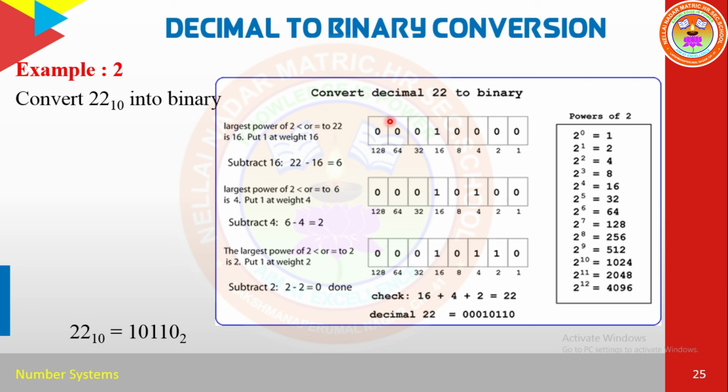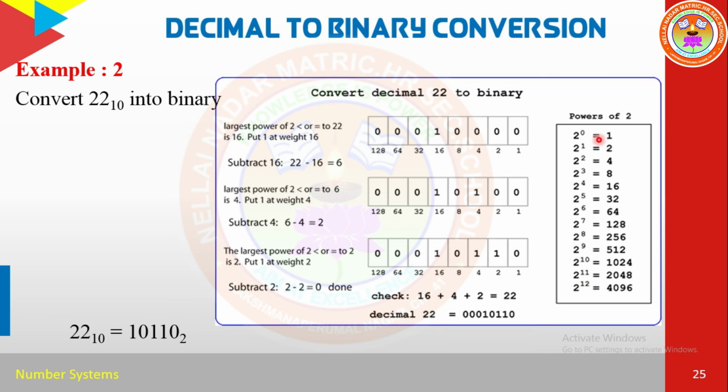Now in this chart, which is the largest power of 2 when compared with the given number? That is 16, because after 16 the next power value is 32, right? So from 1 you put 1, 2, 4, 8, 16. That is 2 power 0, 2 power 1, 2 power 2, 2 power 3, like that. These are the powers of 2.